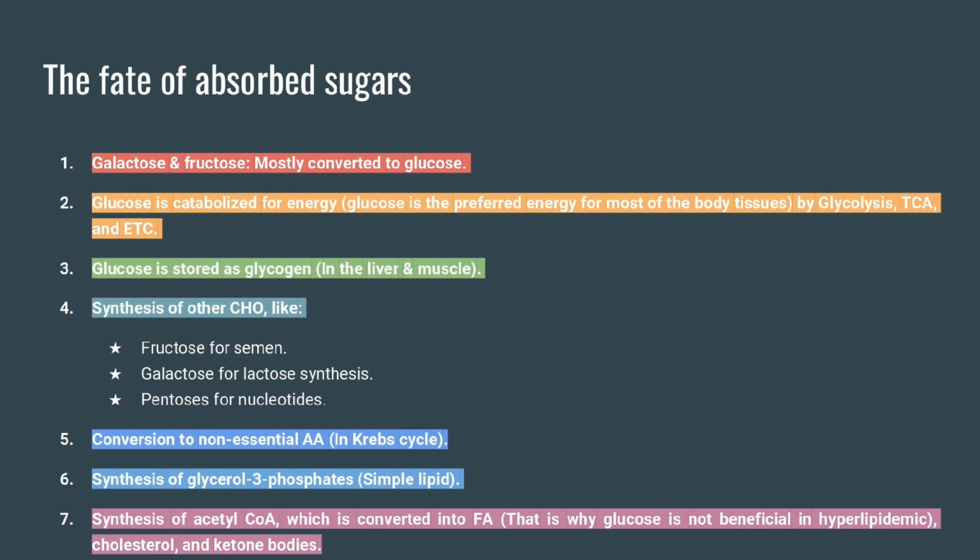We use it also in lipogenesis, which is in the synthesis of glycerol 3-phosphate. Also, we use glucose to synthesize acetyl-CoA, which is converted into fatty acids, cholesterol, and ketone bodies. And that's why glucose is not beneficial in hyperlipidemic cases.